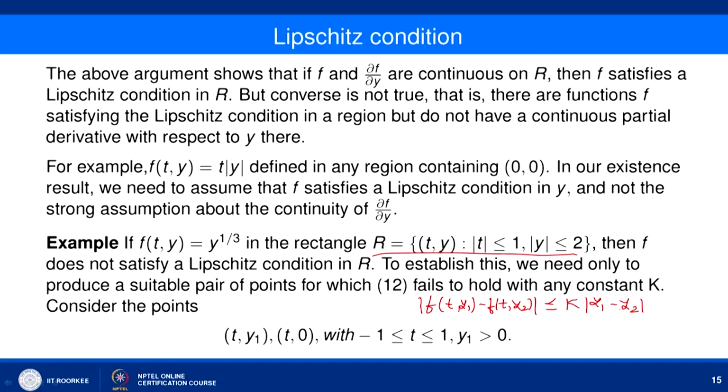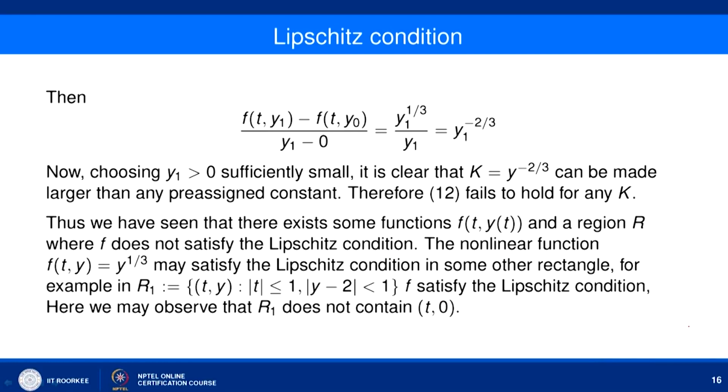To show that such a k does not exist, we have to show that the quotient (f(t, y1) − f(t, y2)) divided by (y1 − y2) is unbounded, since this condition is equivalent to that one. So, choosing y1 greater than 0 sufficiently small, we can show that y1 to the power −2/3 can be made larger than any preassigned constant.